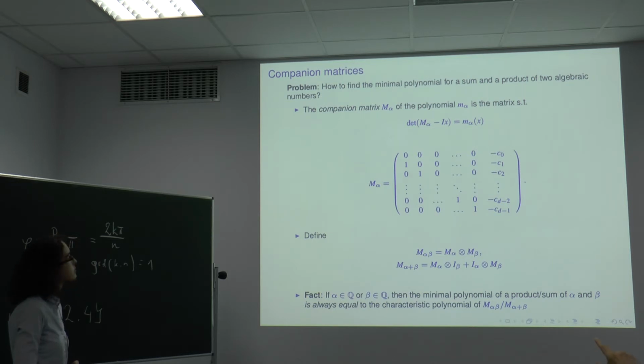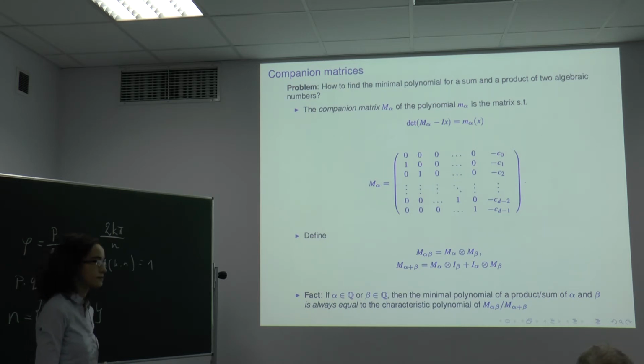Because this companion matrix, I understand, is it unique? This companion matrix M alpha, is it unique? No, this companion matrix is not unique. Therefore, this result is true no matter which MA and M beta you take.